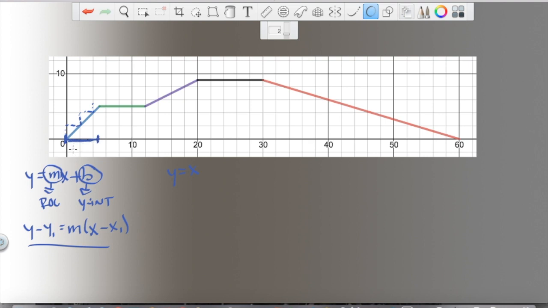Well, what is this piece? This piece is from 0, or in other words, when x is greater than or equal to 0, and when x is going to be less than, well, what's this point right here? Again, each one of these boxes is 2, so we've got 2.5, or in other words, 5. And then all the way up to when x is less than or equal to 5.